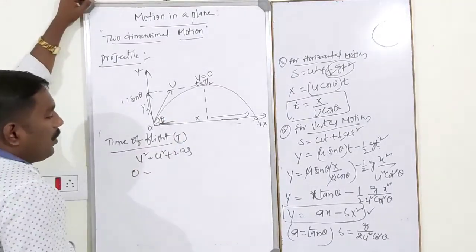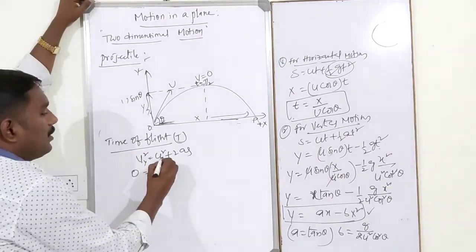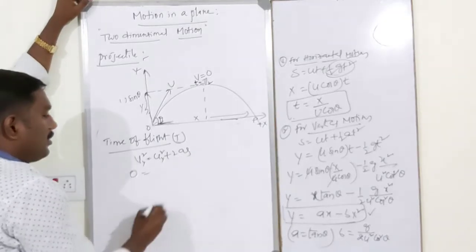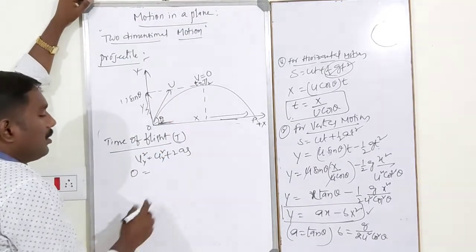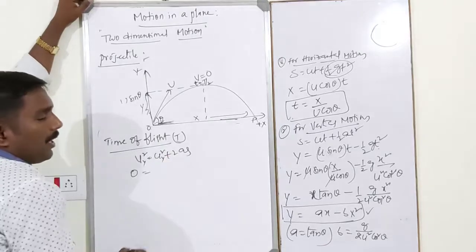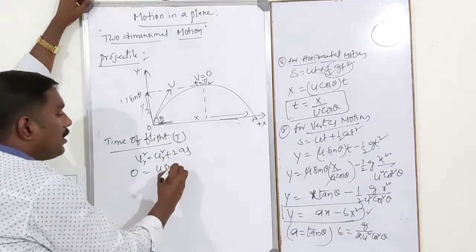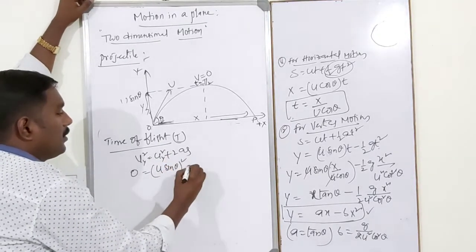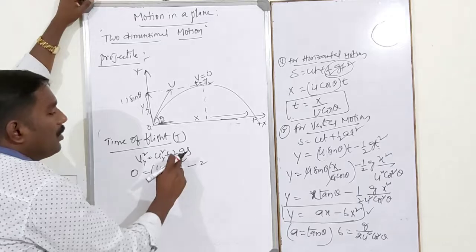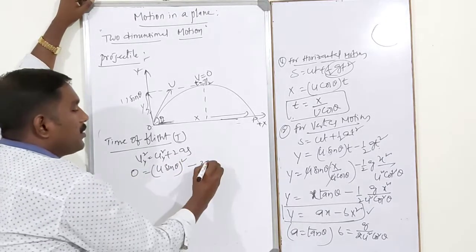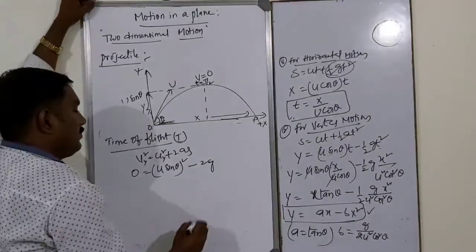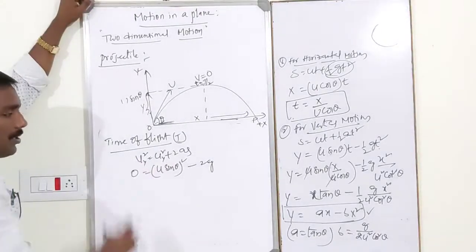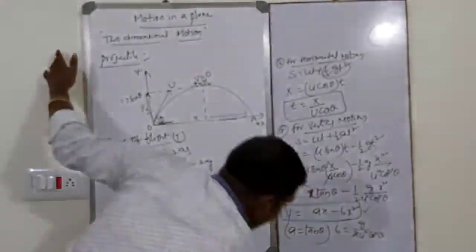I will take only vertical motion. At maximum height the vertical velocity is 0, and the initial vertical velocity is u sin theta. So 0 is equal to u sin theta square minus 2 into a, where a is nothing but g, into s. In this case, there is no time factor.